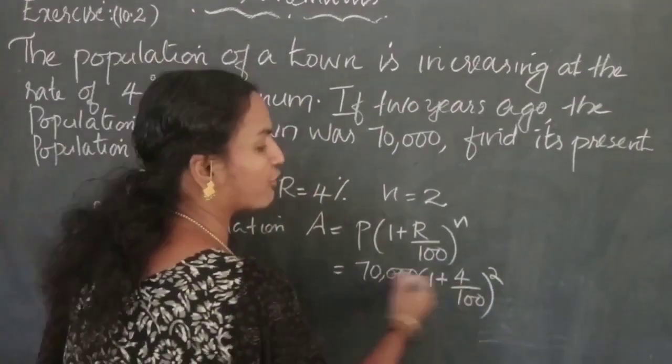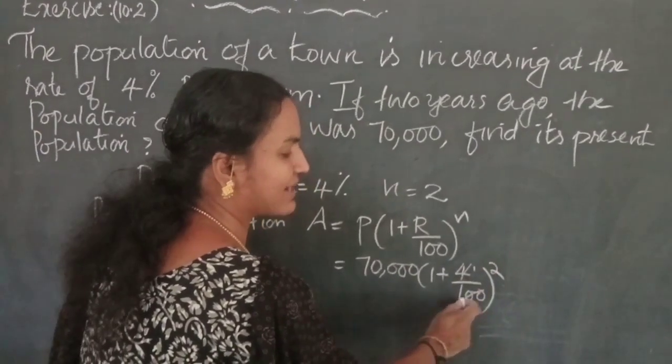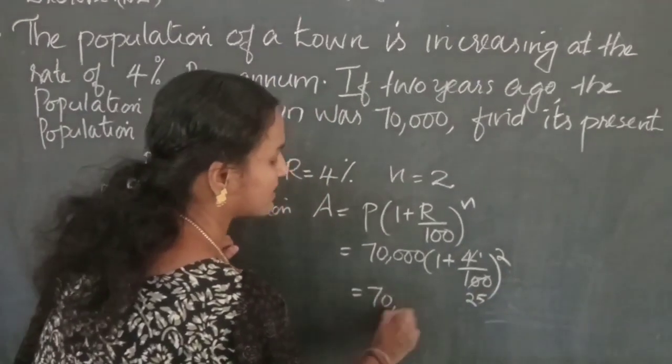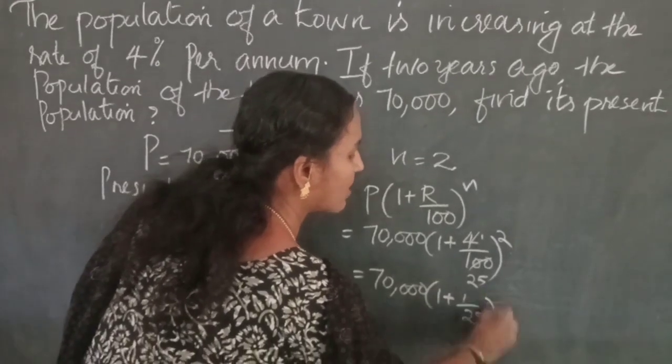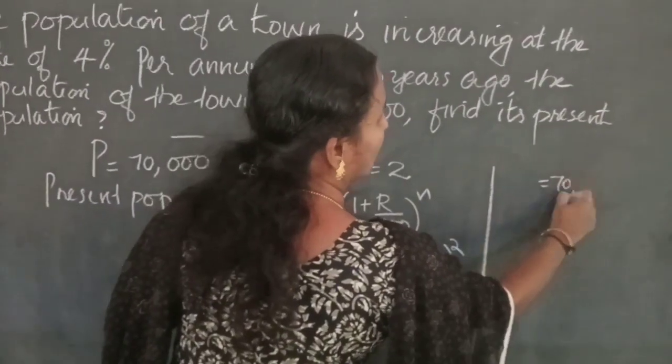We can cancel 4 and 100. 1 4 is 4, 2 4s are 8, balance 2, 20, 5 4s are 20. So 70,000 into 1 plus 1 by 25 the whole square.